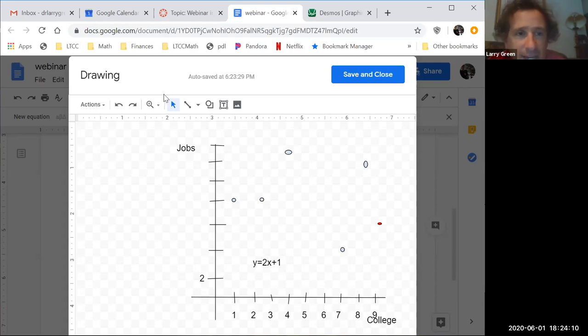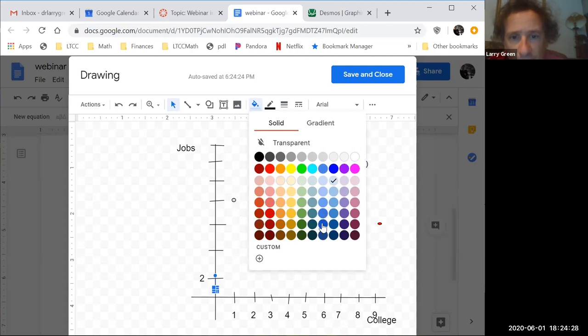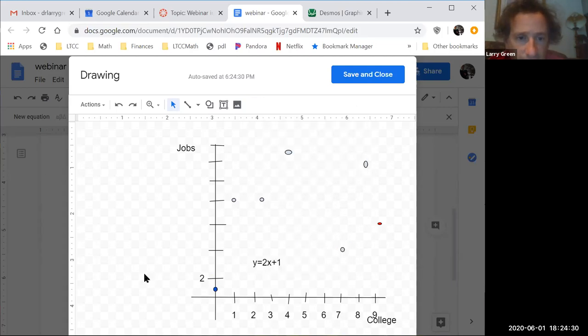So we know that. I'm just going to plot that point just so that I can mark it. So it crosses the y-axis at 1. Let's give it a fill.